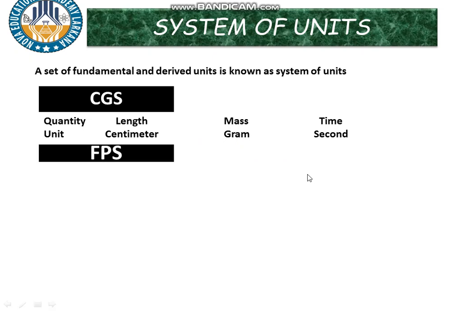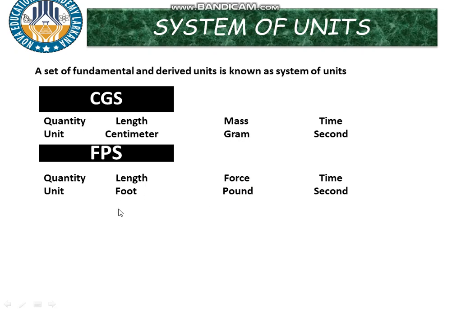Next, FPS. It is the Stroud system, in which three fundamental quantities were again taken. One is length whose unit was foot, and force. One thing to keep in mind: in FPS mass is a derived quantity whose unit is slug, but the force is a fundamental quantity whose unit is pound, and the third fundamental quantity is time and its unit is second.